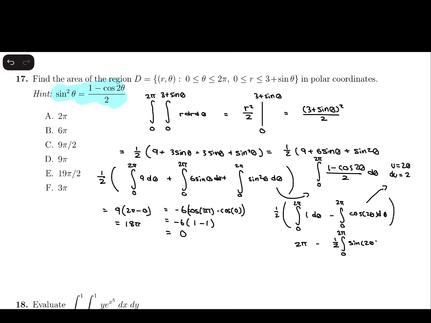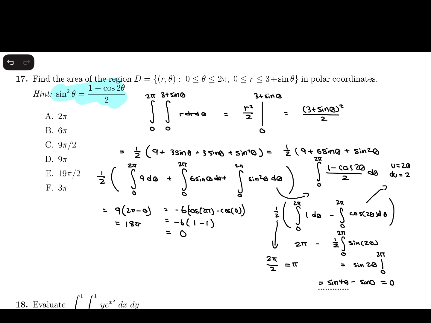Once you evaluate sine of 2 theta between 0 and 2 pi, you get sine of 4 pi minus sine of 0, which all equals out to 0. So in the end, you just get 2 pi. Don't forget that 1/2 just becomes pi.